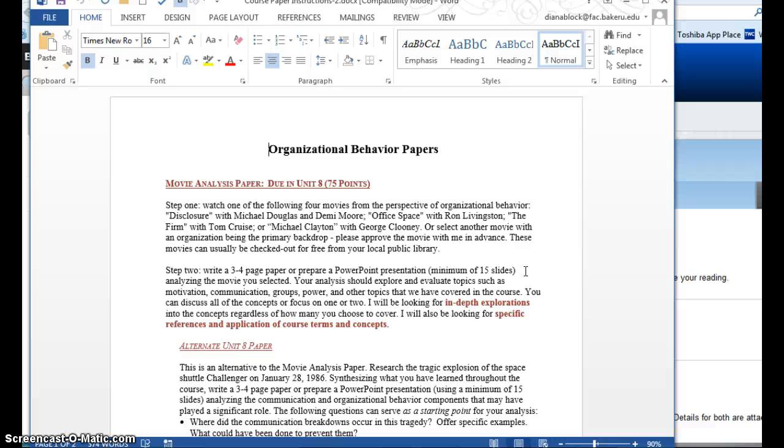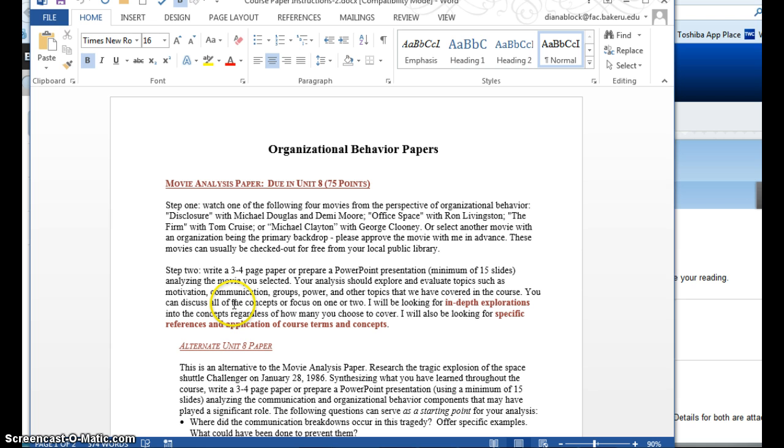It doesn't matter to me which one you choose, whether you choose a PowerPoint or Word document paper. Either one of those will receive equal points. But if you choose to do the paper, it needs to be at least 3 full pages. If you want to do the PowerPoint, it needs to be 15 slides of content. No cover pages or blank pages or pictures are included to meet that minimum.